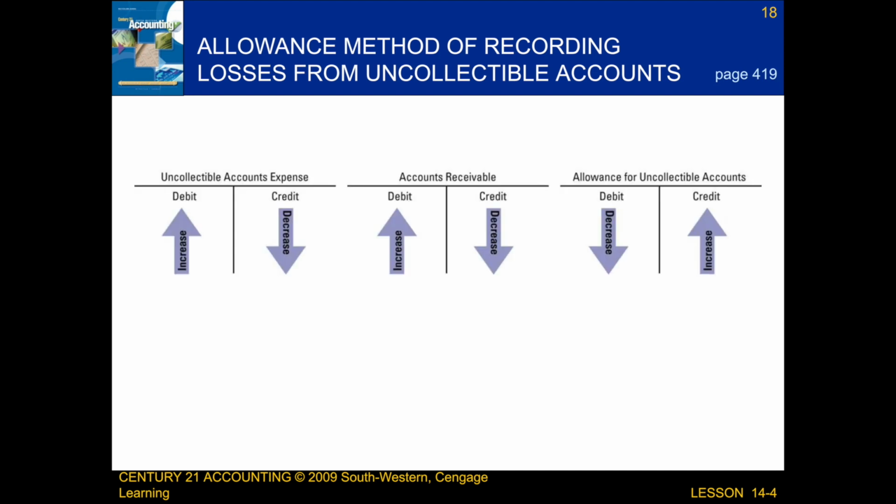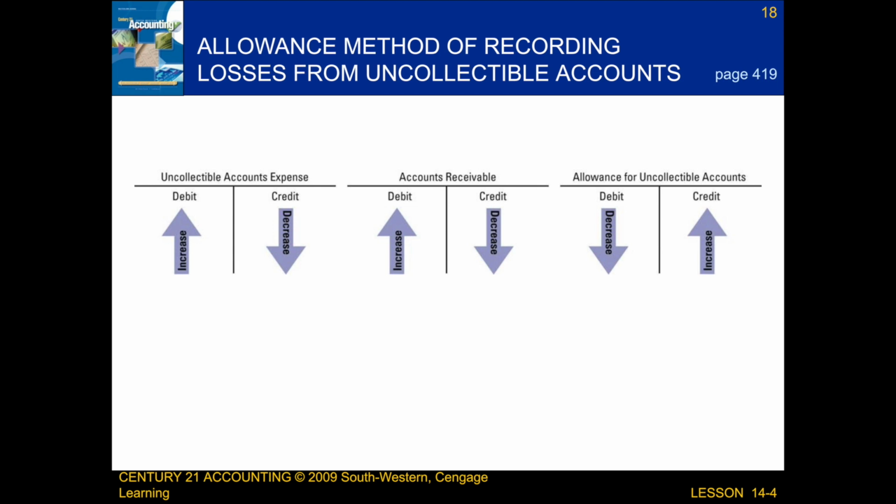Okay, next we're going to be talking about the allowance method of recording losses from uncollectible accounts. So we're being introduced to a couple new accounts here: uncollectible accounts expense and allowance for uncollectible accounts. Uncollectible accounts expense is an expense account that has a normal debit balance, so it increases by a debit and decreases by a credit.